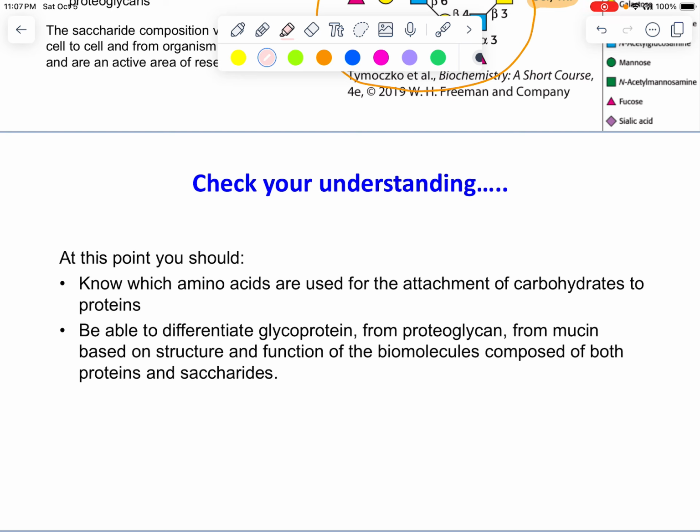So those O and N-glycosidic linkages, which amino acids are used for those. And you should be able to differentiate glycoproteins, proteoglycans, and mucins, okay, based on the structure and function of those biomolecules. And that is mainly it.